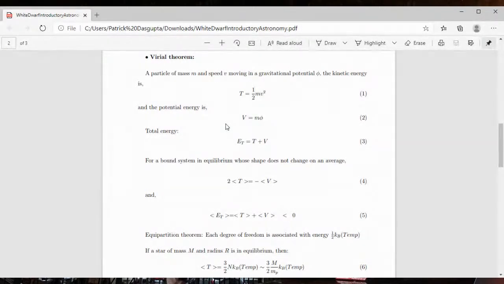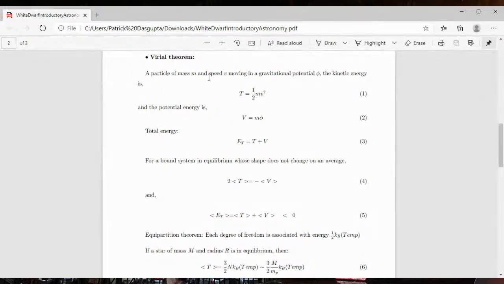Now, I will state the virial theorem. Don't bother about the proof. I'll just state the virial theorem. Suppose you have a system of many particles, moving with different speeds, in a gravitational potential phi.